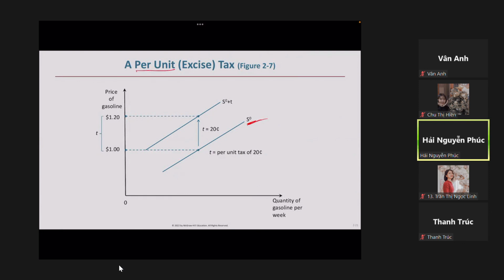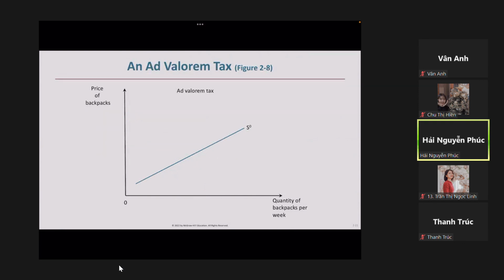On this graph, the supply curve shifts upward, or to the left, by the amount of the tax. So at a given quantity supplied, the price is going to be higher by 20 cents.